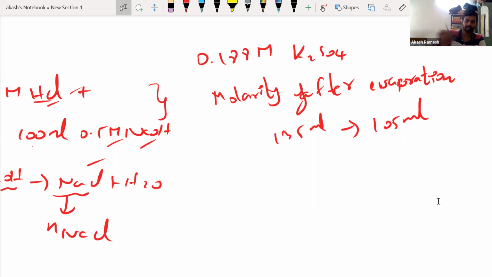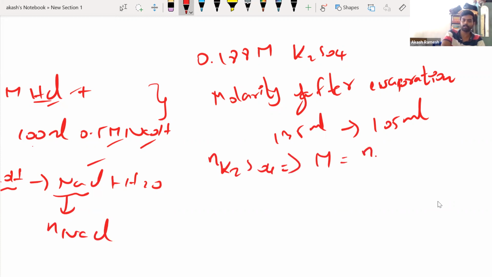Okay, guys, let me help you out. Let me first calculate the number of moles of K2SO4. I know the molarity, big M, is the number of moles of K2SO4 divided by the volume of the solution in ml into 1000.